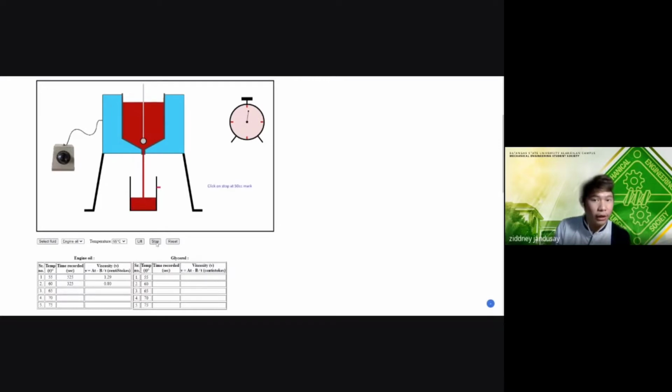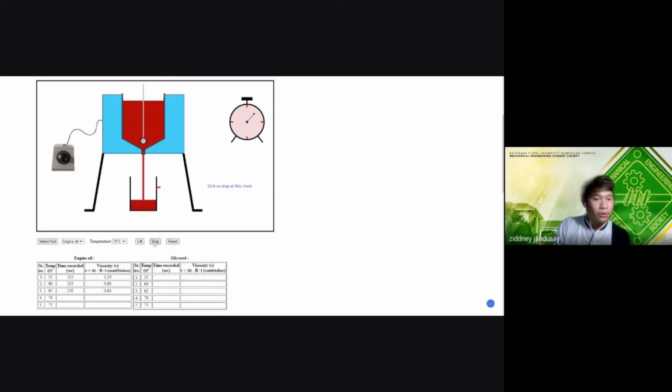So for the third trial, the time recorded is 250 seconds, and the value of the viscosity is 0.61 centistokes.